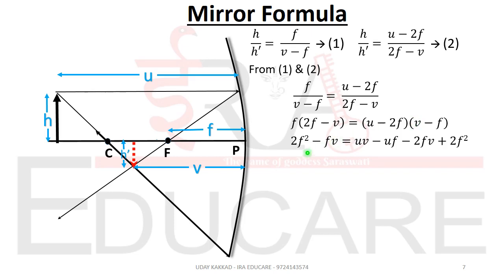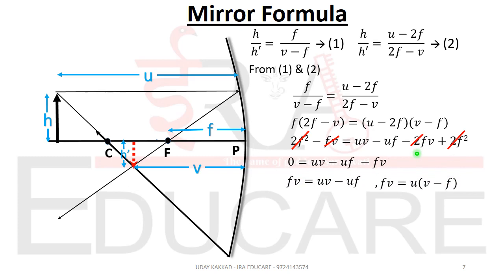Now here you know that 2f square and here also 2f square, so both 2f square are cancelled. Likewise here 2fv and here 1fv, so 1fv is cancelled, right? So here 0 is remaining, and uv minus uf, and 1fv. Rearrange them.